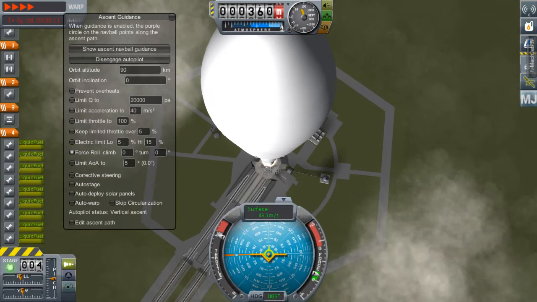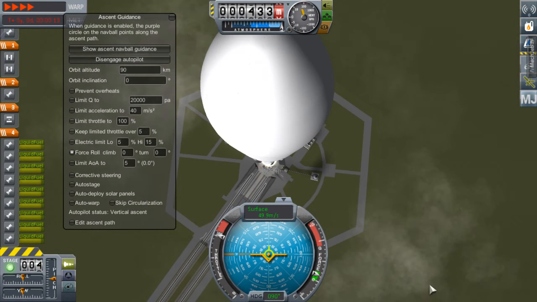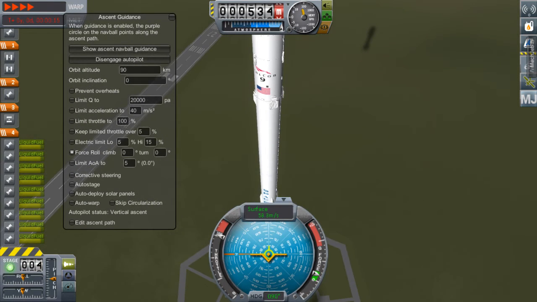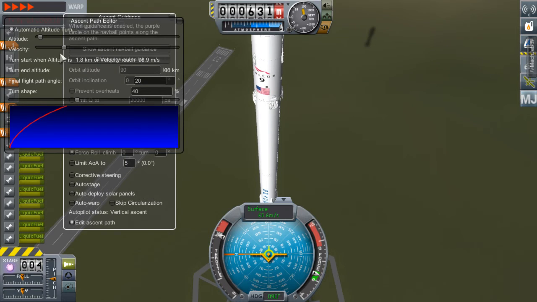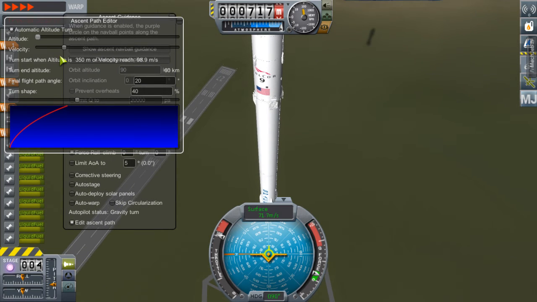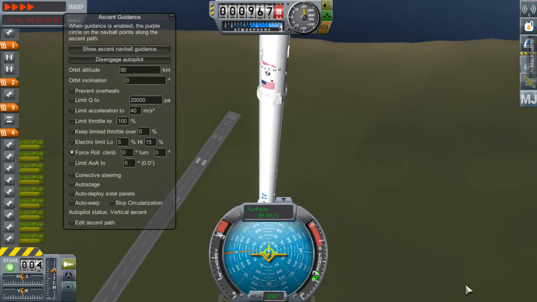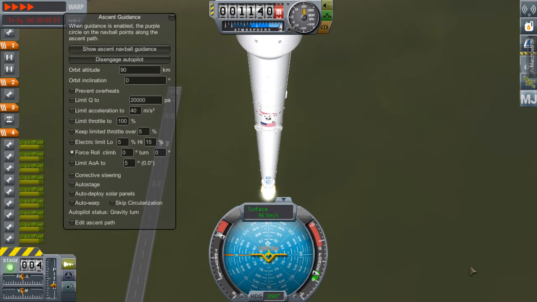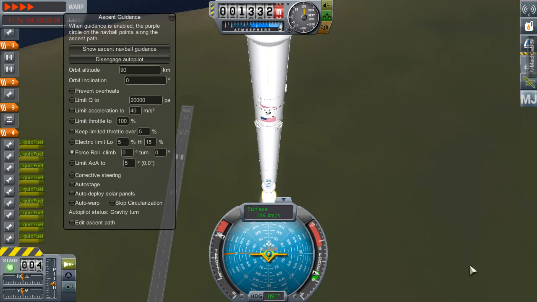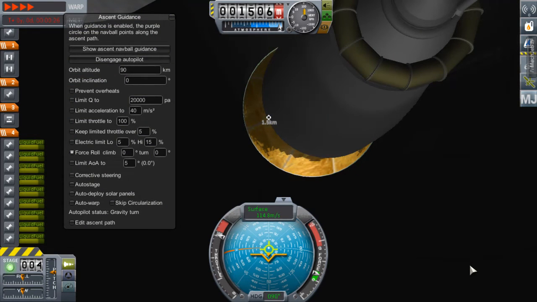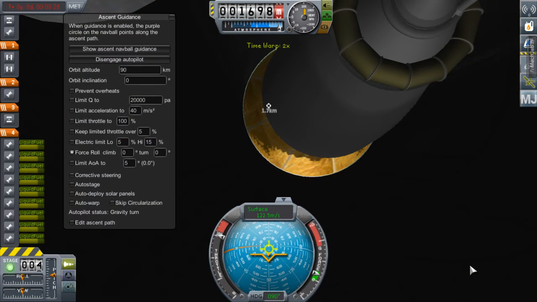Falcon 9 roll maneuver is starting. Falcon 9 pitch maneuver should be beginning shortly. Standing by for Falcon 9 pitch maneuver. Falcon 9 pitch maneuver is in progress.